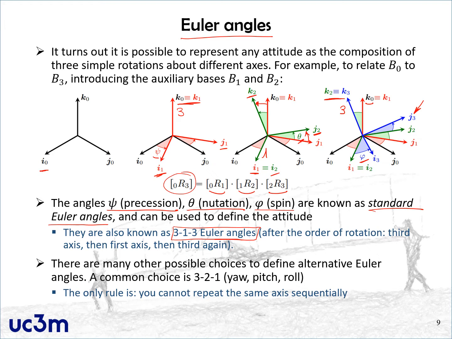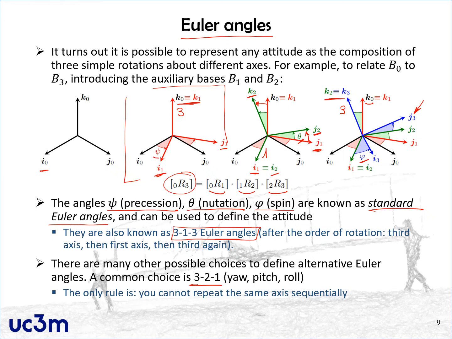Well, clearly, we can define many other types of Euler angles, and they are actually useful in different situations. In particular, a common choice is also the 3-2-1 Euler angles, where the first rotation is the same one as in here, but then we rotate about the J1 axis, and finally we rotate about the I2 axis.